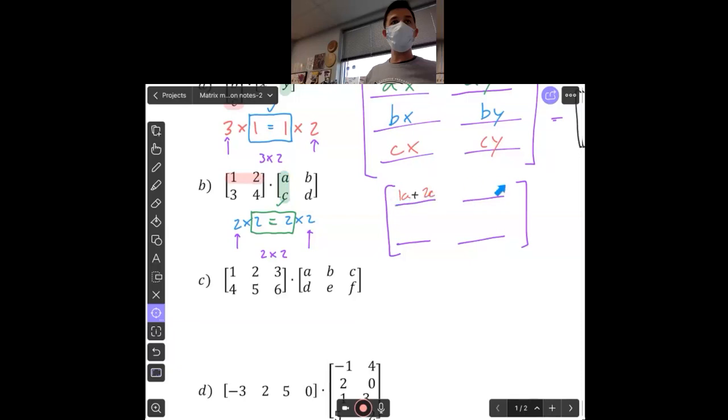So I'm now going to move to the next spot, which means I'm going to move to the next column. I go back here. So now I'm looking at the first row times the next column. So I put my finger on the 1, I put my finger on the B. I get 1 times B. I'm saying that because I think it's a good idea for you guys to do it. Go over there and point at the 1 and the B, and then drag your finger to the right to the 2.